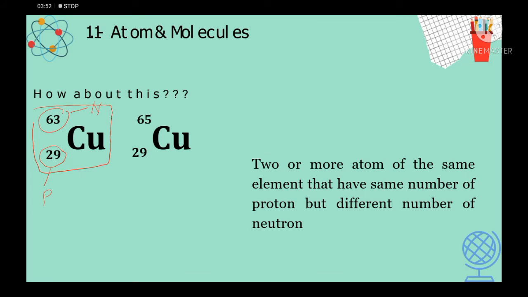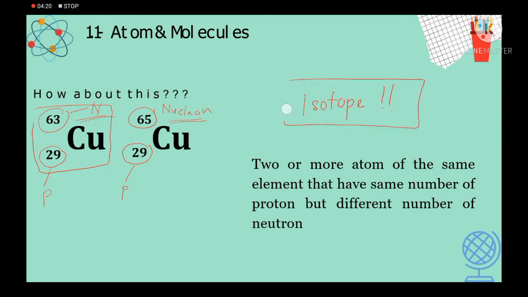But you are going to find something like this: it is also copper, it also has 29 proton, but a different number of nucleon. Can you see this? These two atoms are the same atom. Both are copper, but they have a different number of nucleon. So what is this? This is what we call an isotope.